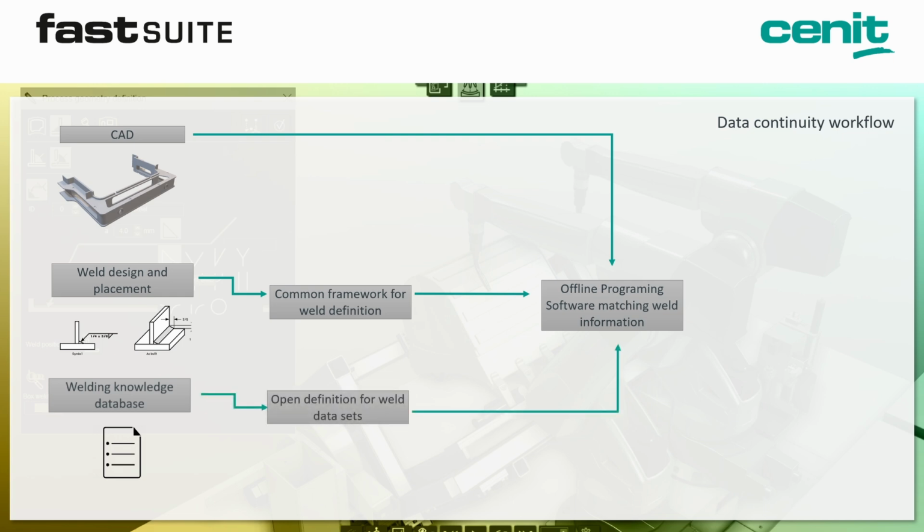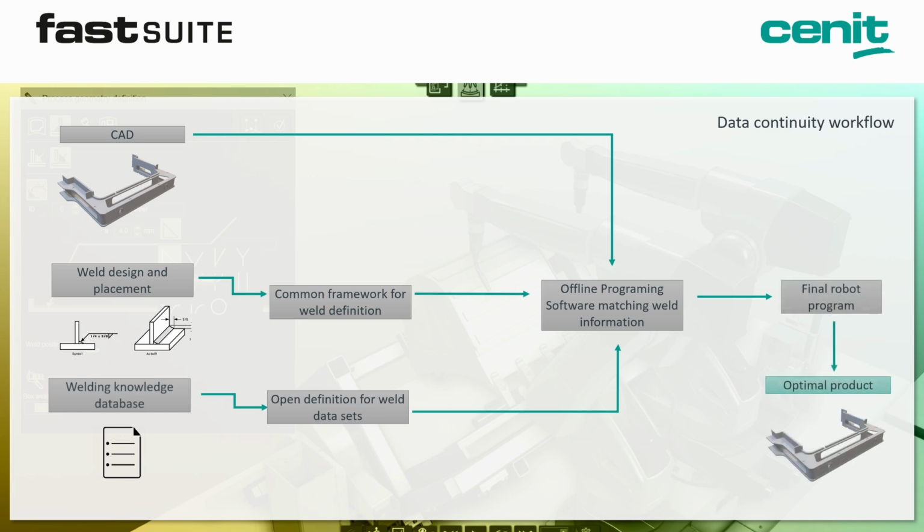Instead of relying on humans to translate this or trying to make it match as appropriately as possible, we make sure that our systems match by default. So we're using the same language, and we also have the option to import this in a common understanding from all the systems. This is what we mean by data continuity: changing our systems to match our data instead of relying on people always getting it right 100% of the time, because that's not a good idea.